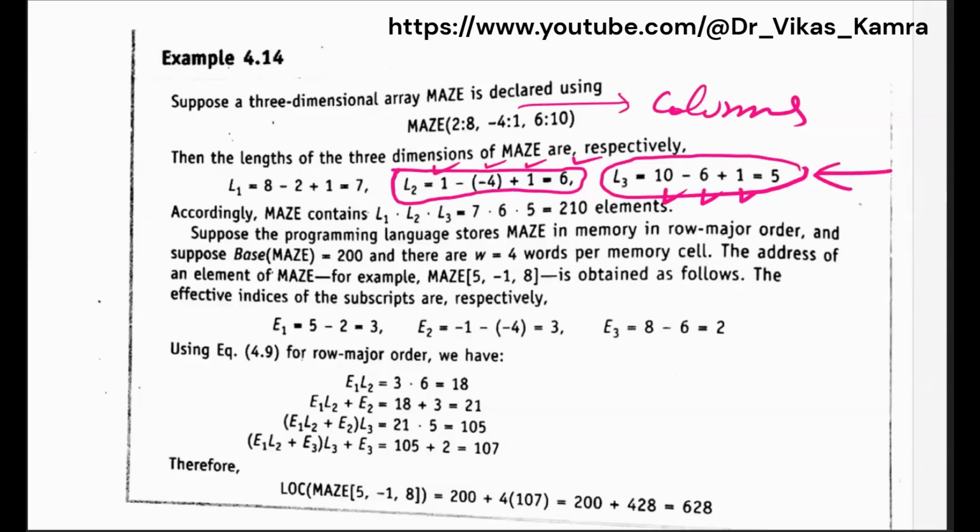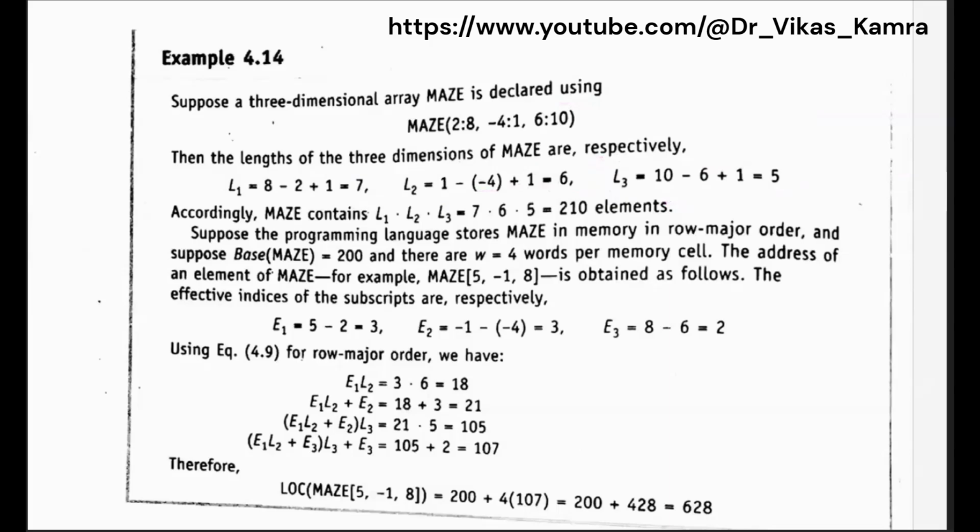So we have found out the length of all three dimensions of the given 3D array. We found the lengths as L1 is equal to 7, L2 is equal to 6, and L3 is equal to 5. This is similar to what we did in the 1D array and 2D array.